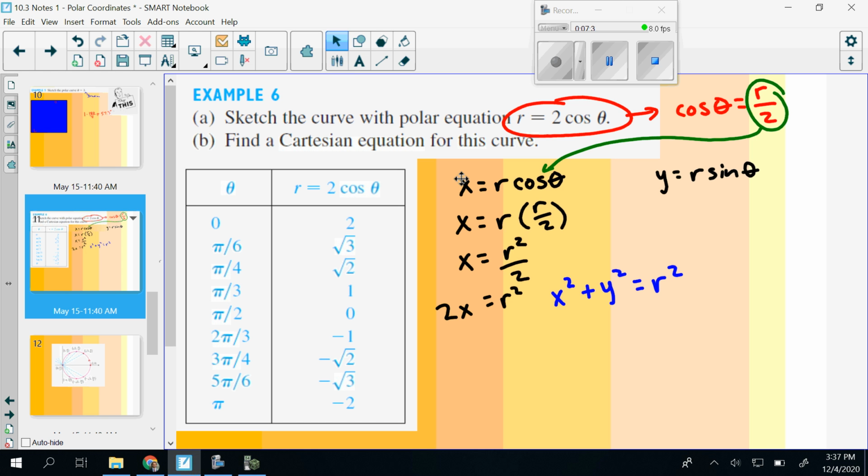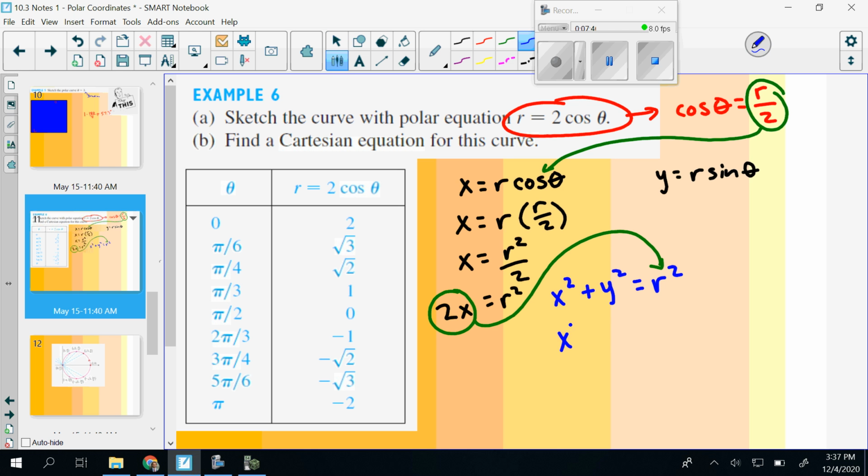So we're going to take this result, that r squared is equal to 2x, and plug that in place of r squared there. So our equation becomes x squared plus y squared equals 2x.